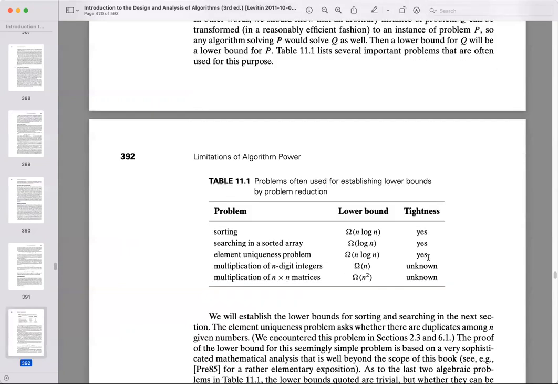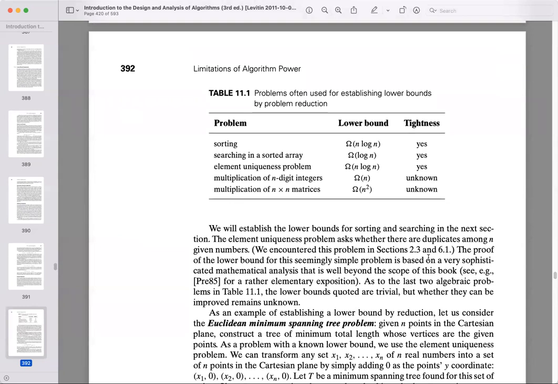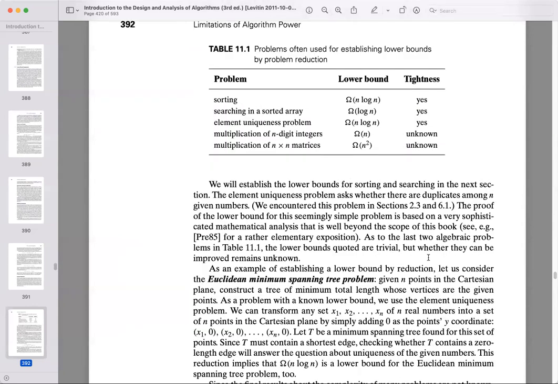So here are some of the things that are often used for that, okay? The lower bounds we have here, we have sorting. So if you can say that the problem you're trying to solve can be rephrased as sorting, then it's at n log n. And then searching in a sorted array is at log n. Element uniqueness is n log n. And then we've got multiplication of n-digit numbers and n by n matrices, okay?